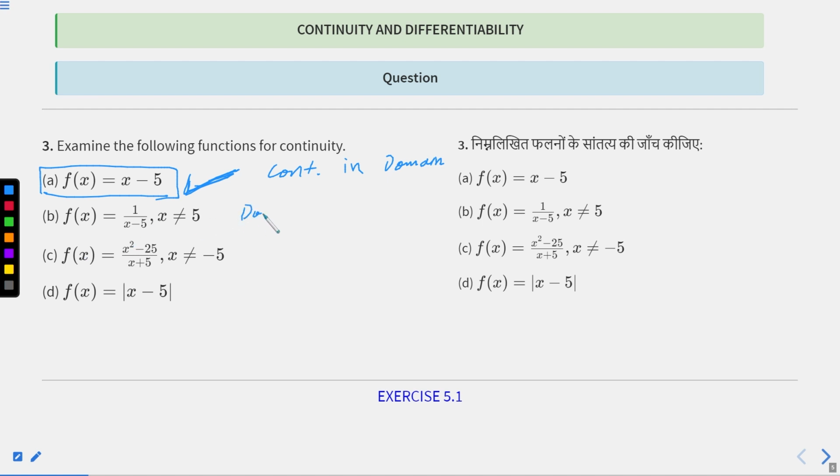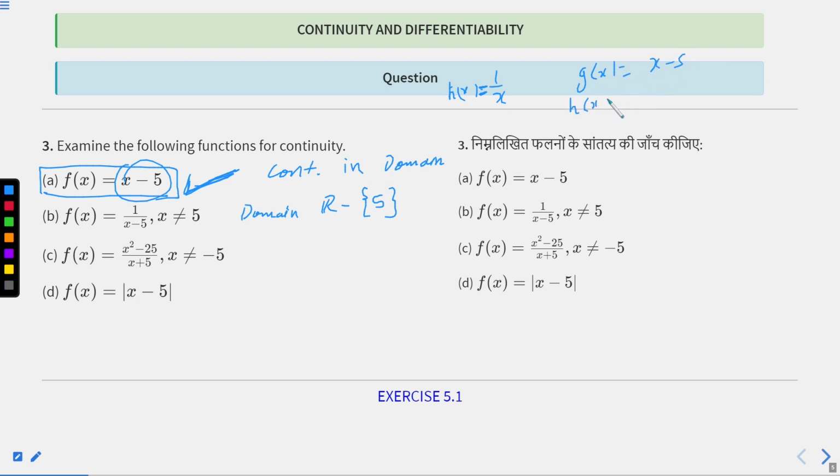The domain is any real number except this value. If you remember, we have shown that h(x) equals this function is continuous. Yes, we have shown it, and we know that if you take g(x) equals x minus 5, then it is also continuous, obviously.